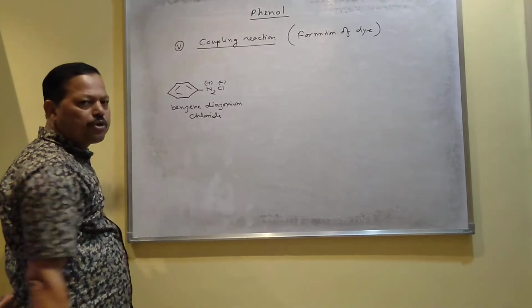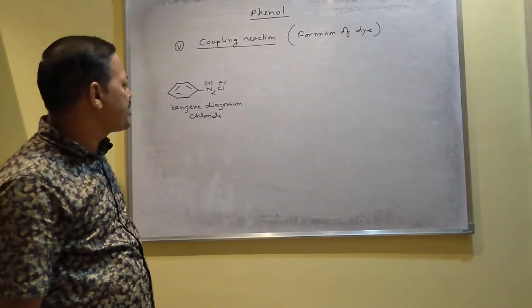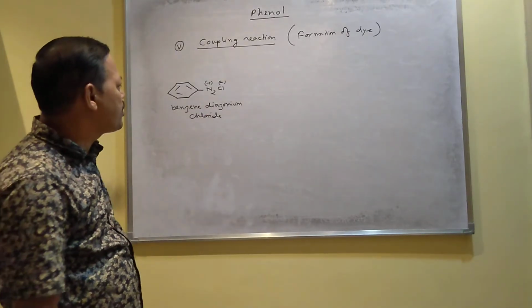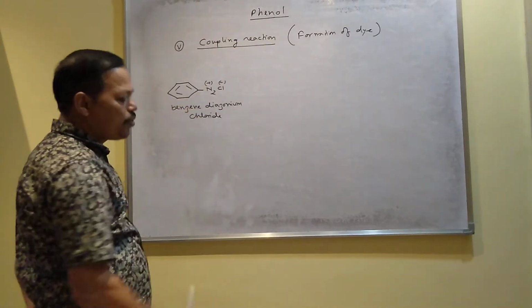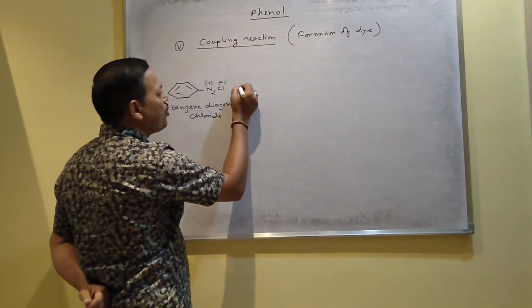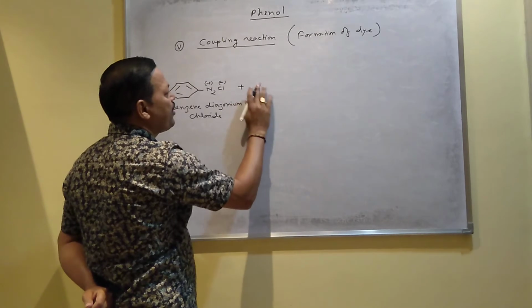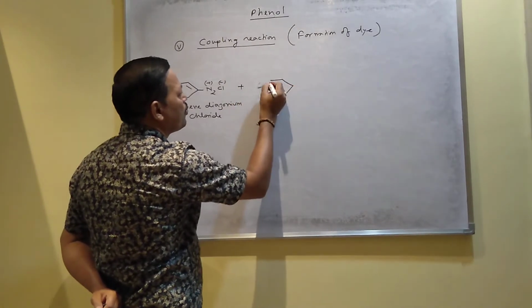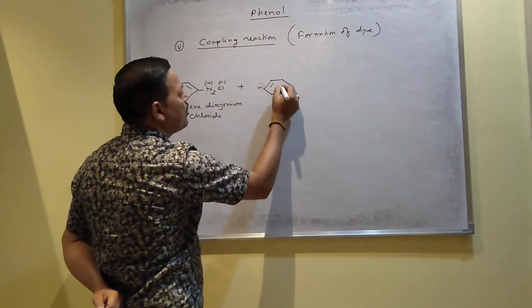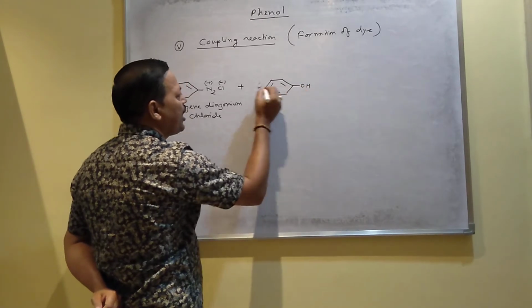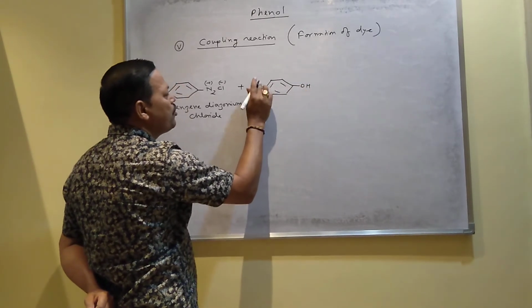How is this compound produced? When aniline reacts with nitrous acid, then diazonium salt is produced. When this diazonium chloride reacts with phenol, this is your phenol, benzene contains OH, and every carbon contains one hydrogen, you know.